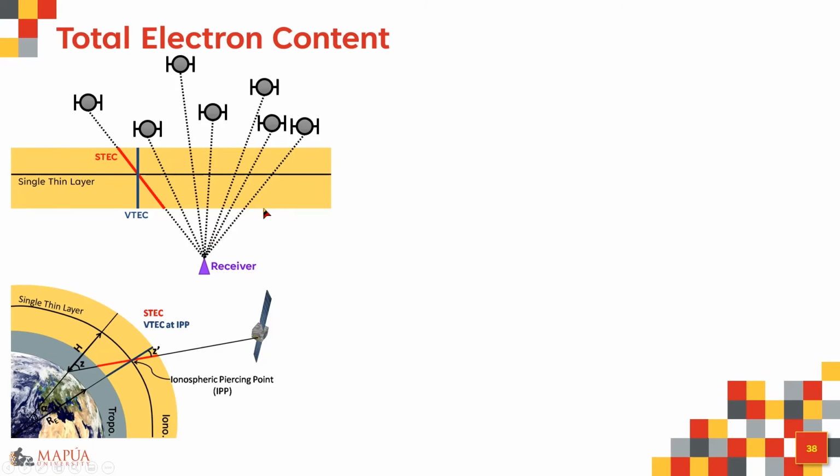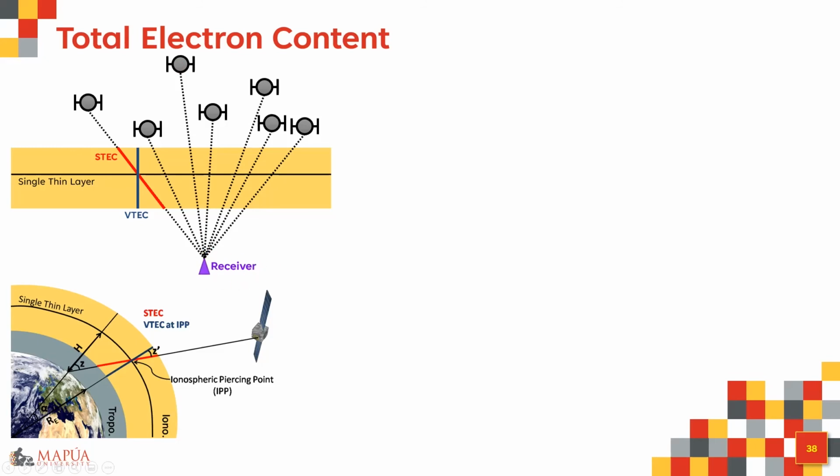So the receiver will have a lot of slant TEC and VTEC values. To estimate the vertical total electron content at the receiver's location, we use a weighted average, averaging these vertical total electron contents with more weight given to those with very small zenith angles, in other words, those satellites that are near overhead of the receiver.